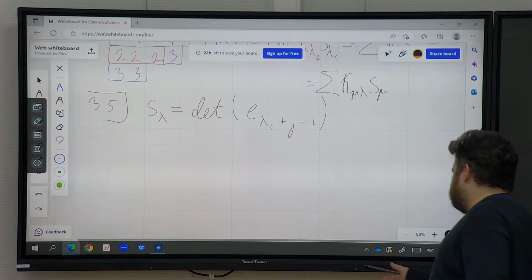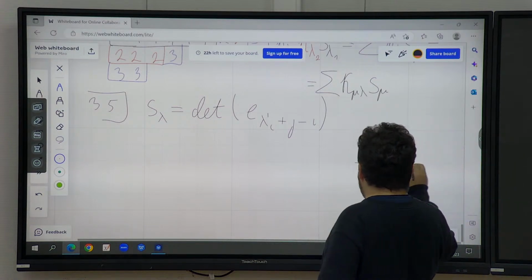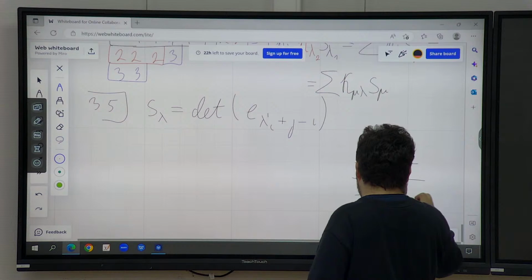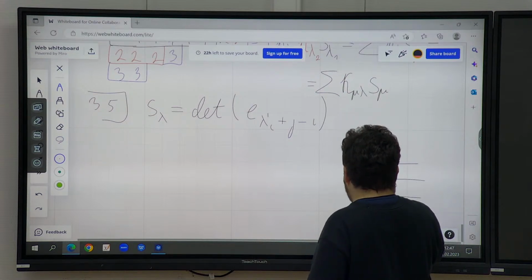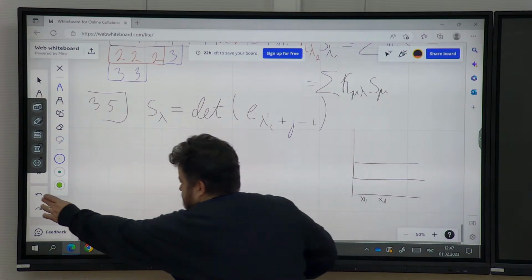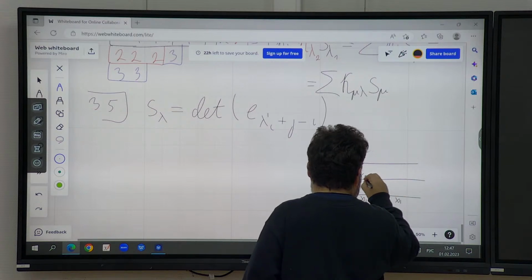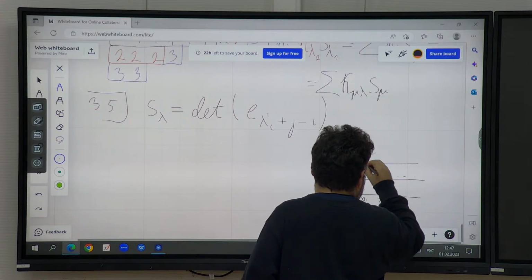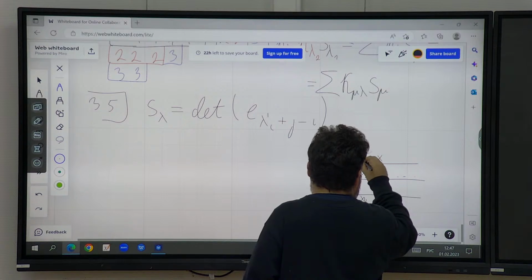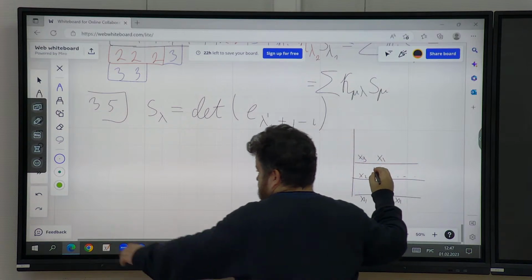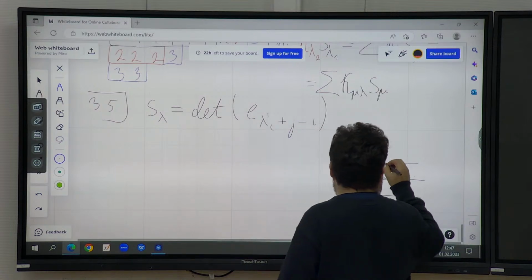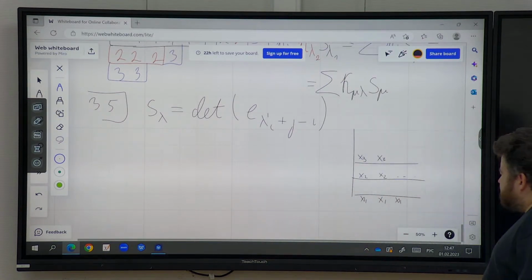The idea is not to put the weights in the way like we did for h's, x1, in a different way. Well, the problem is to figure out how to do this.